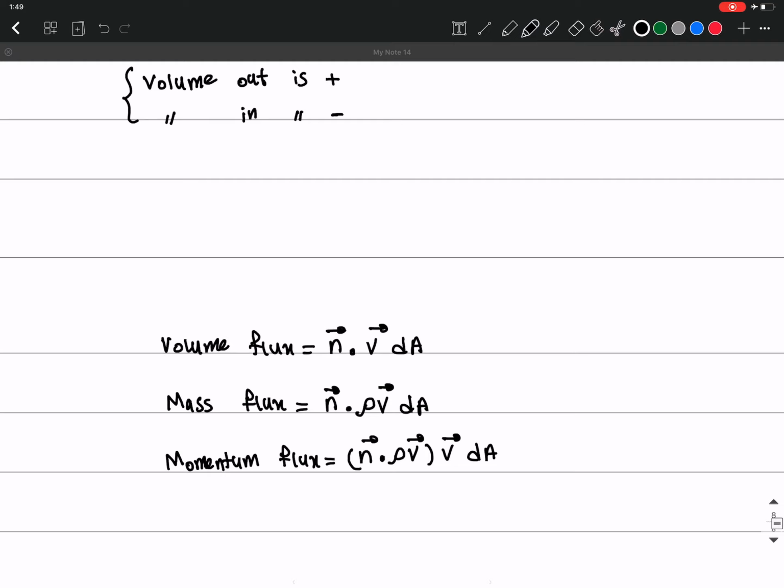And similarly, we can define a lot of other kinds of fluxes like heat flux or even kinetic energy flux. So kinetic energy flux. So it's just, kinetic energy is mv square over 2. So we can define it like that. So it's going to be m, which is n dot rho V, times V square times dA over 2.